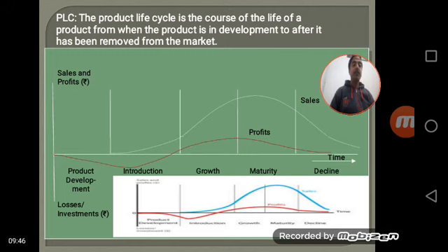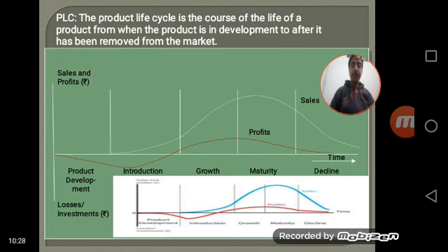But after the maturity stage, there will be competition. A new competitor will come with a renovated product, new technology will be there, so your product will be outdated. Clear? So at the end you come to the last stage, that is the decline stage, where your sales are declining as well as your profit. And this is the actual life cycle of the product, from product development to the decline stage.